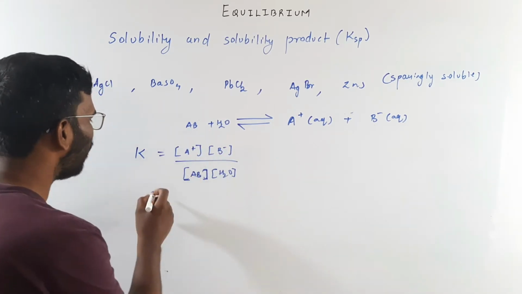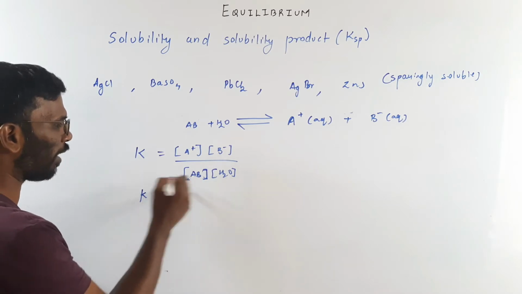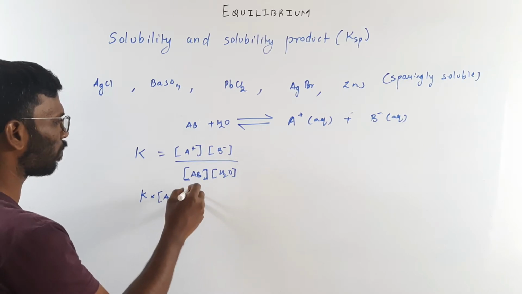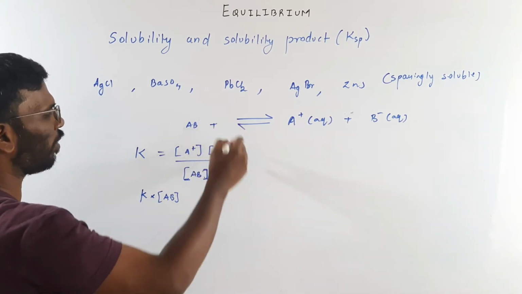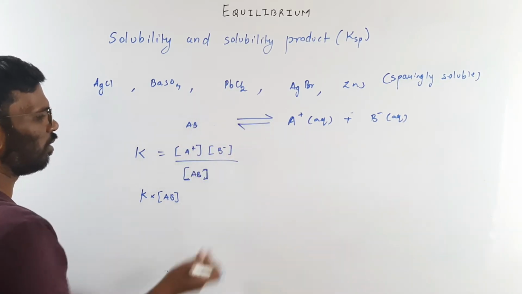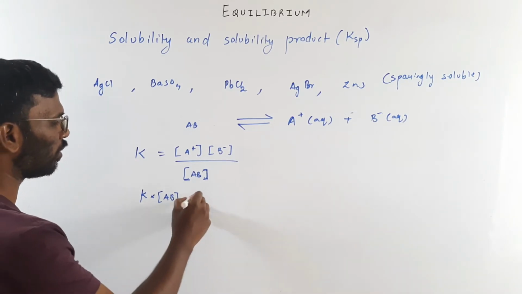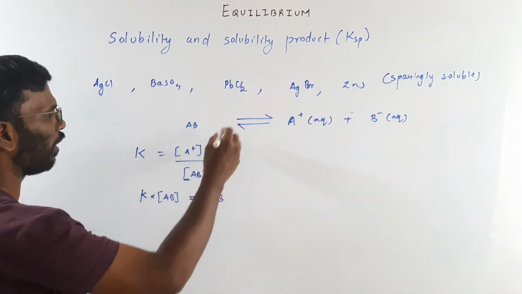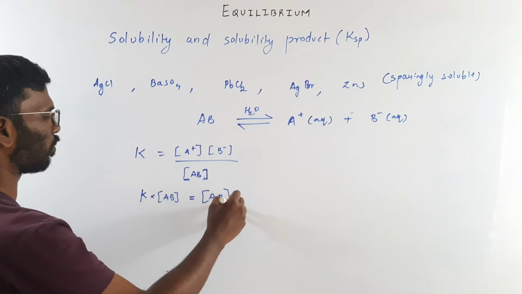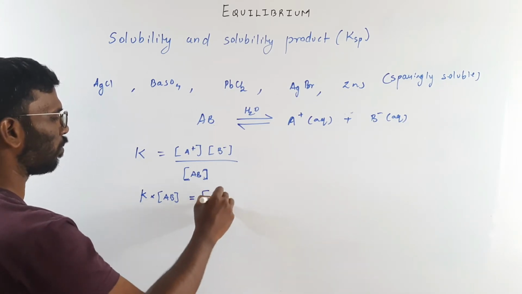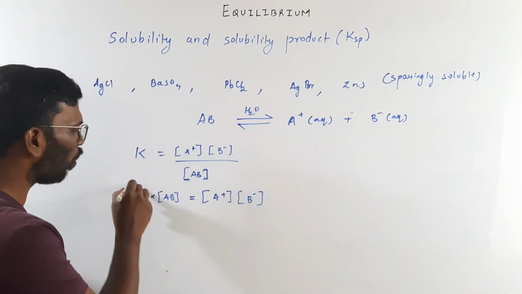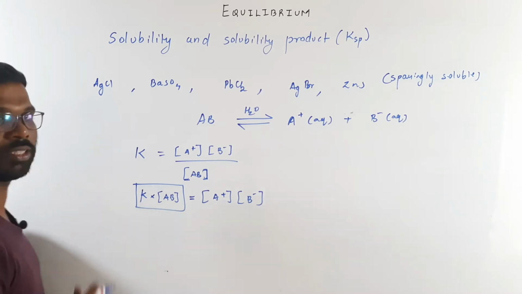Let's not consider the water, right? Anyway, water is going to remain constant, so I will not write it here. The concentration of AB in the water also remains constant, and this gives the new constant, which is formed because this is a constant and this is also another constant.